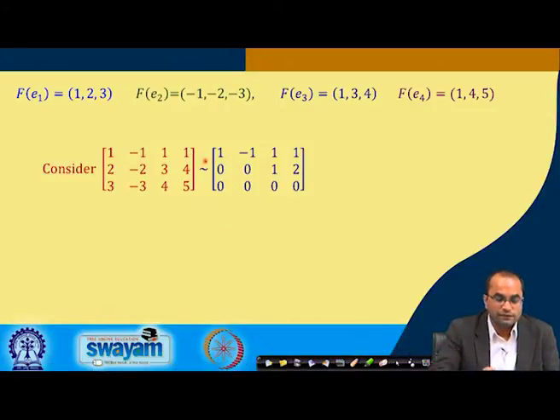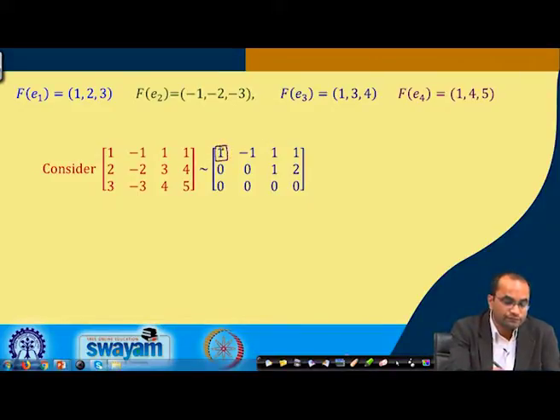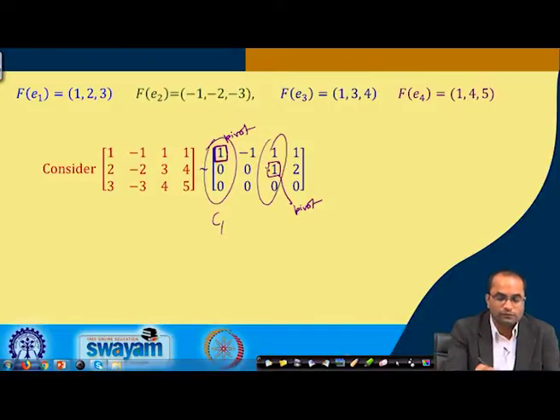So, this is the row reduced echelon form, and in this case now we will find out these pivots here. We have this 1 as a pivot, and this is also a pivot here, only 2 pivots. So, column number 1 and column number 3 have the pivots.